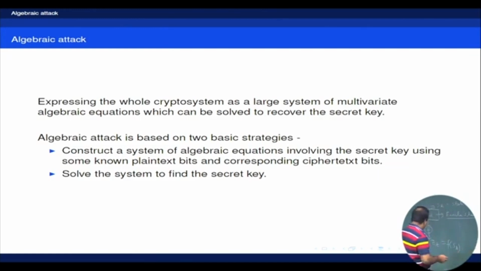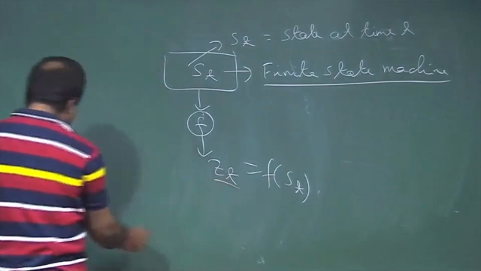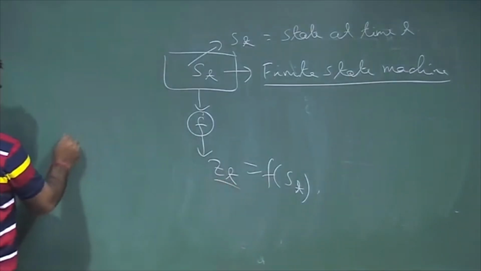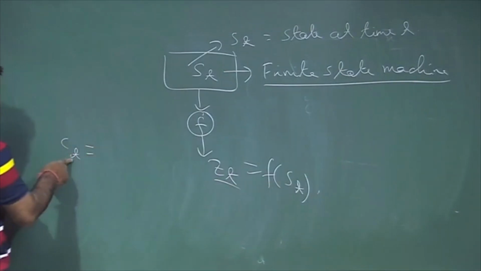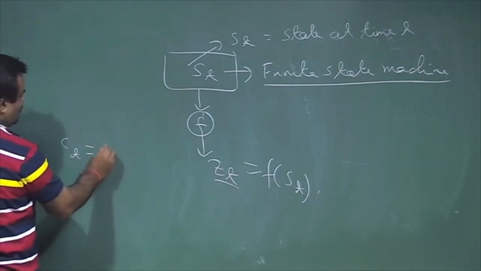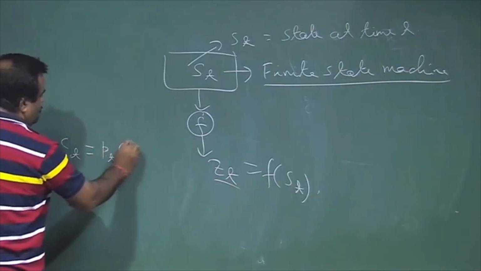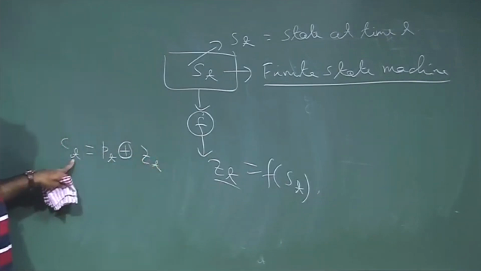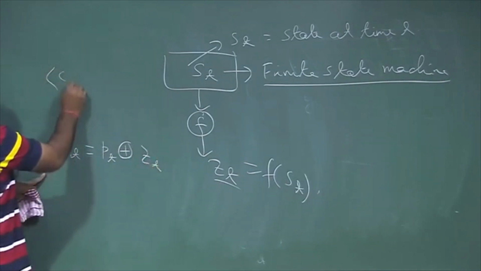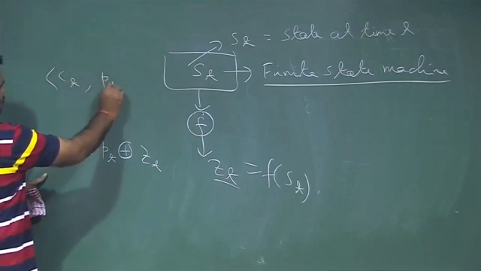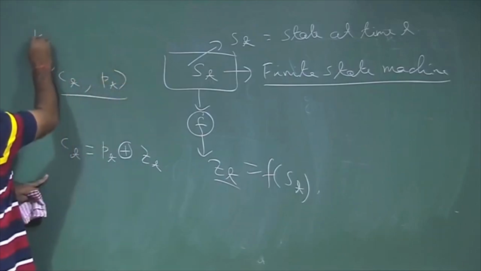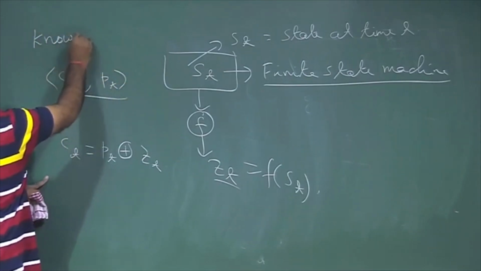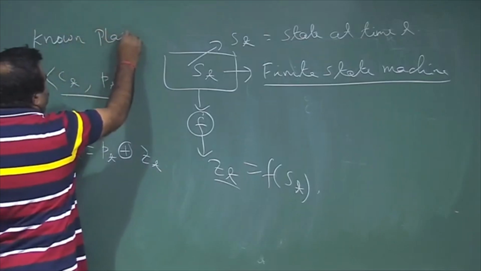So our ciphertext bit is basically pt XOR zt. Now if we know this ct and pt for some t, this is a known plaintext attack.